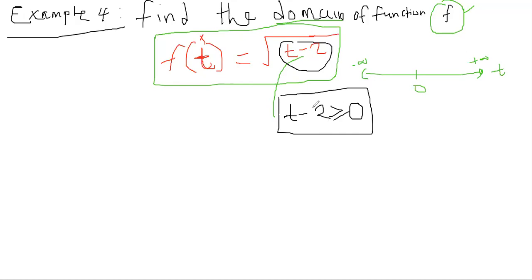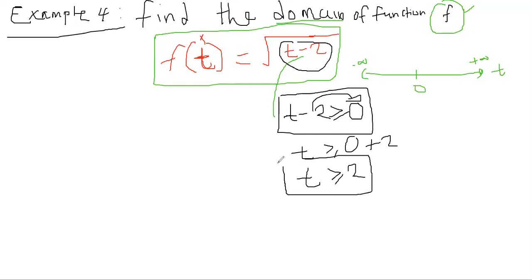This is a variable, this is a constant, this is a constant. So we move this to here. Obviously, it will be t greater than or equal to 0 plus 2. So t is greater than or equal to 2. What this is telling us is that the domain of this function f should start from 2, and it goes.